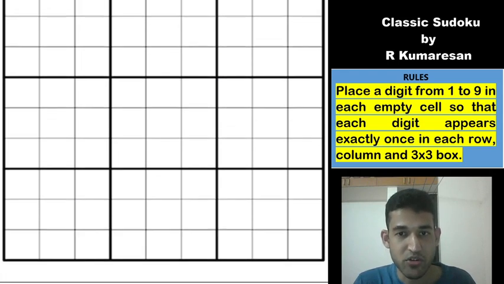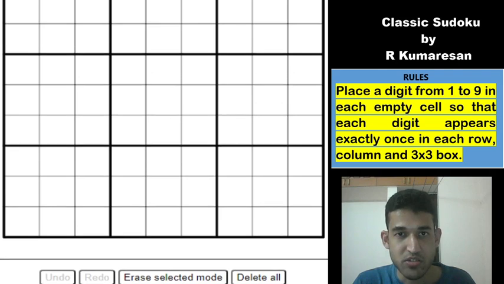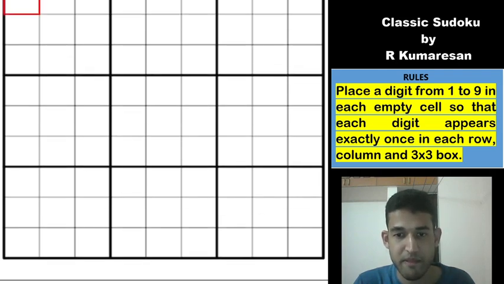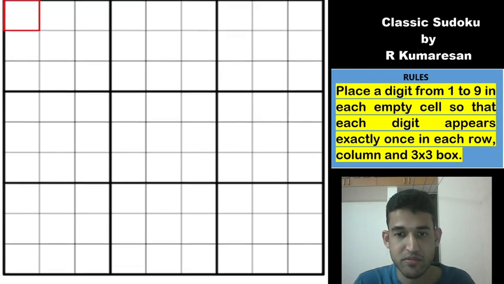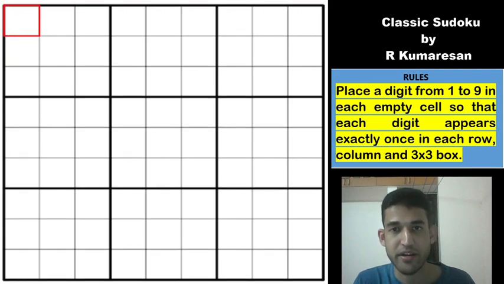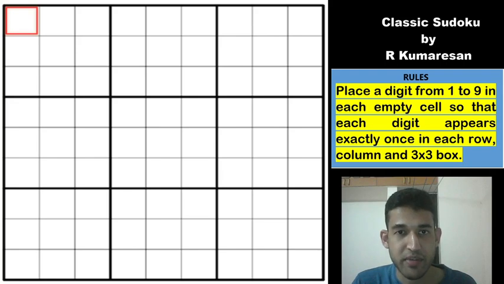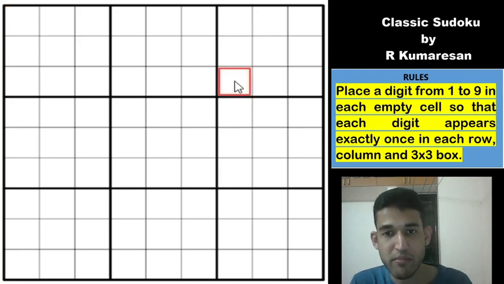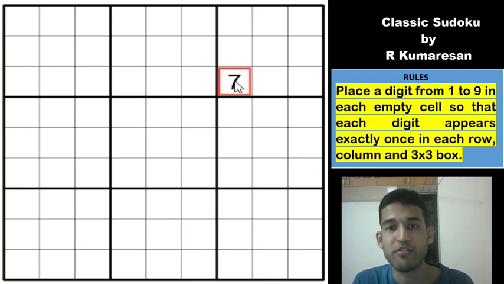So what I'm going to do is write some candidates here. I'll write some candidates to explain the technique for you. Maybe we have, let's say, a 4, 7 here.